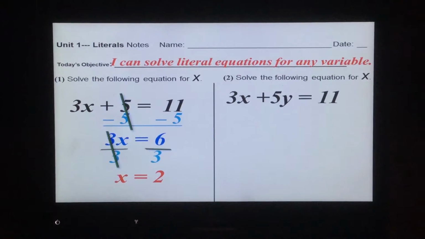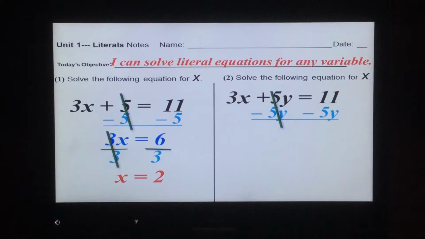Now we're going to start out the same way by subtracting what's furthest away, or getting rid of what's furthest away from x. In this case, it's 5y. So we need to subtract 5y from both sides. When we do that, the 5y's cancel. And on the other side, you have 11 minus 5y.